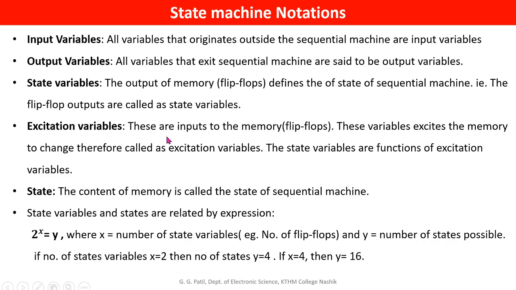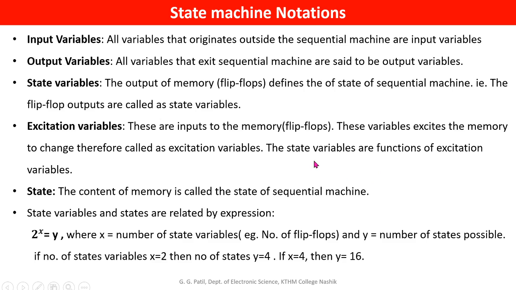Then the excitation variables are nothing but the inputs to the memory, these flip-flops. These variables excite the memory to change. Therefore, they are called excitation variables. The state variables are functions of excitation variables, as we have seen in the block diagram of a sequential machine.